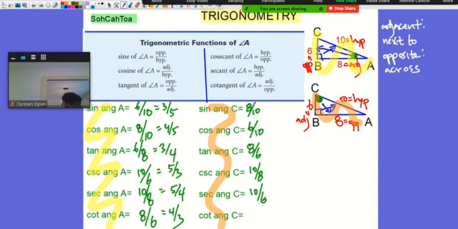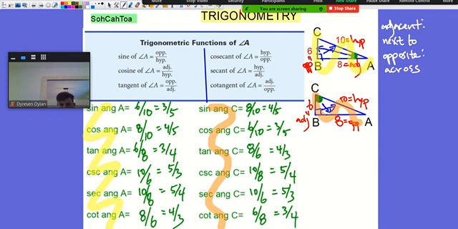Cotangent is adjacent over opposite, which is 6 over 8. And this equals 4 over 5, 3 over 5, 4 over 3, 5 over 4, 5 over 3, and 3 over 4. Pretty straightforward stuff in my book.